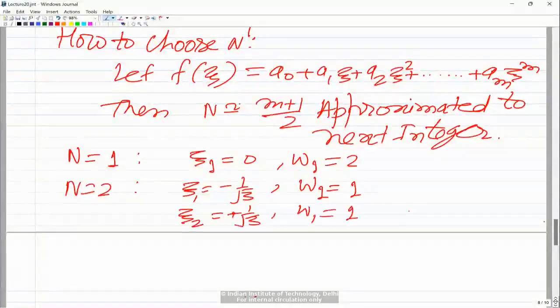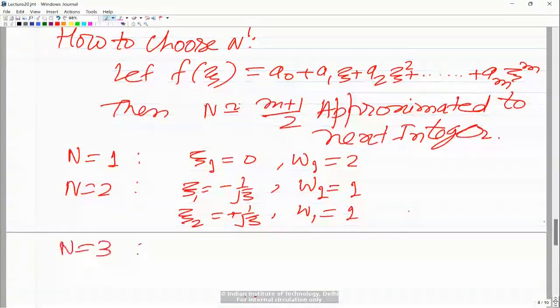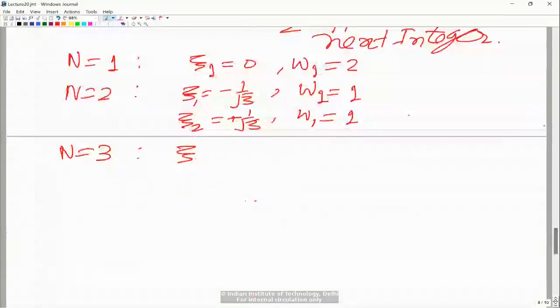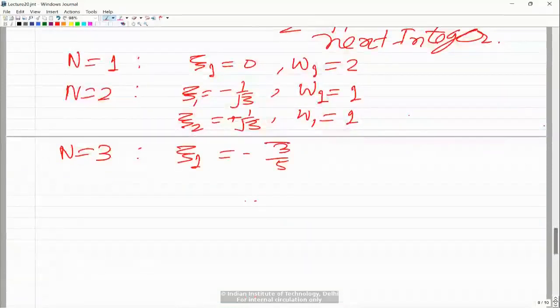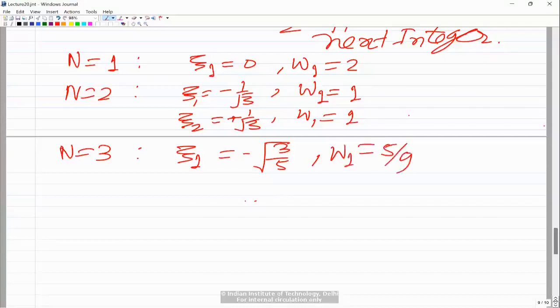And suppose we choose n equal to 3 Gauss points, then there have to be 3 values of xi and the corresponding weight factors. In this, xi 1 is minus square root of 3 upon 5. The corresponding weight factor is 5 by 9. So these are the values one needs to use when carrying out the integration.